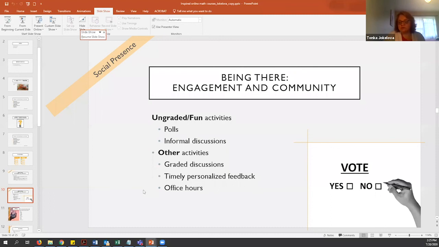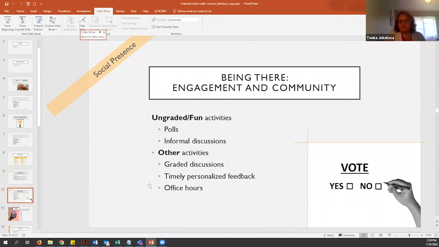Sometimes what you can also do, you can ask, when is the good time for most of you to be available, if you are able to do that schedule wise. So ask, let's say Monday afternoons are the times when most of your students are able to meet with you during the office hours if they have questions. And again, office hours can take any shape. They can be done in Zoom, just like we are right now.